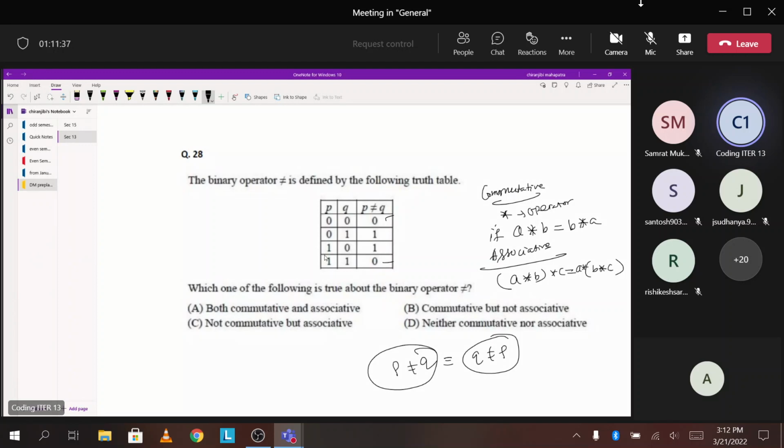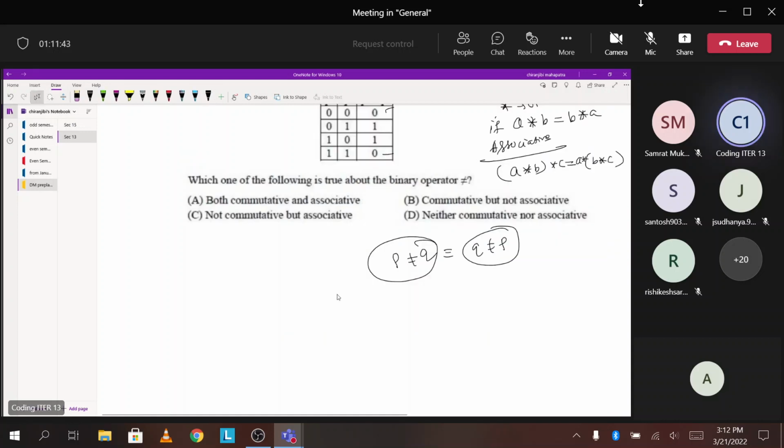Whether it is associative or not, what we have to check is whether P not equals to Q, is not equals to R, where R is any statement you may consider, is equivalent to P not equals to Q not equals to R. Does it hold or not? If P is not equal to Q and it is not equals to R, this is the same as Q not equals to R and P not equals to that.